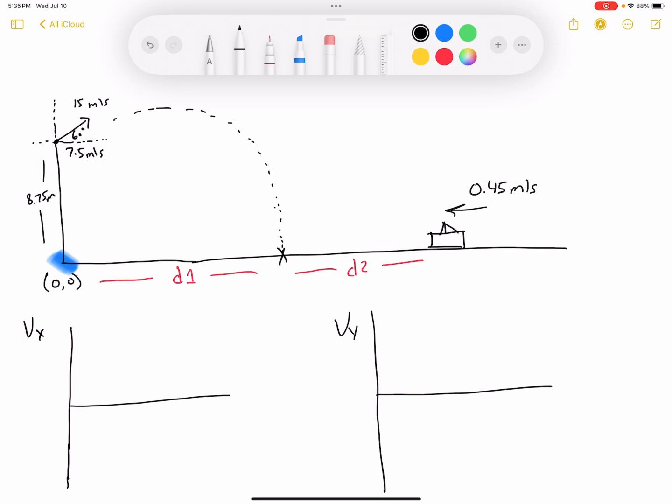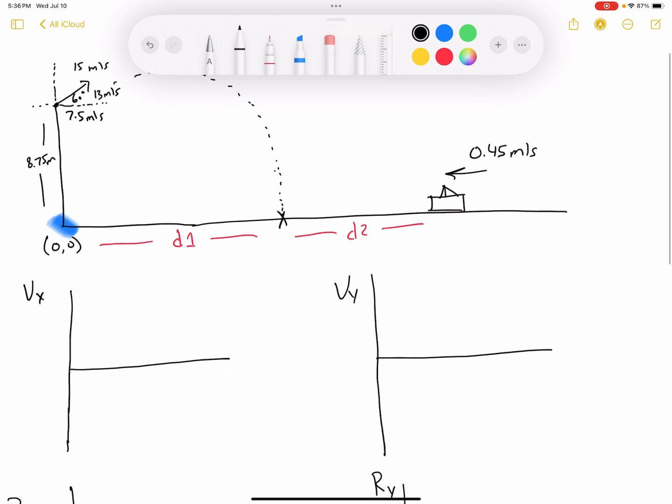That's how fast the ball is moving in the x direction. And in the up, down, or y direction, it's moving 15 times the sine of 60, and that's 13 meters per second. So it's moving 7.5 meters per second to the right, and 13 meters per second it's moving up. Okay, so we've taken the velocity vector and broken it up.